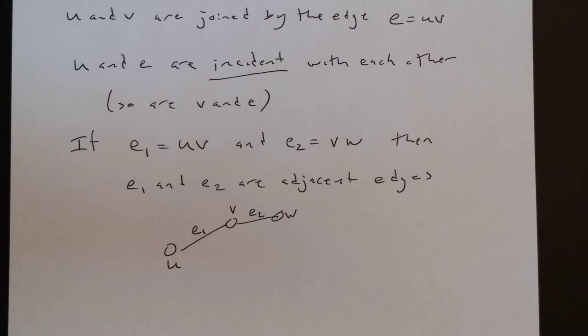So items are adjacent when they connect through something. Items are incident when they connect directly.